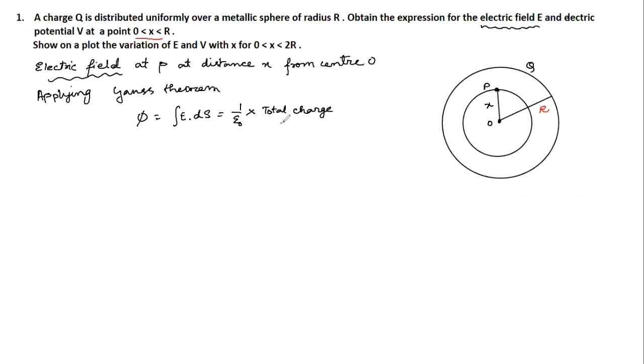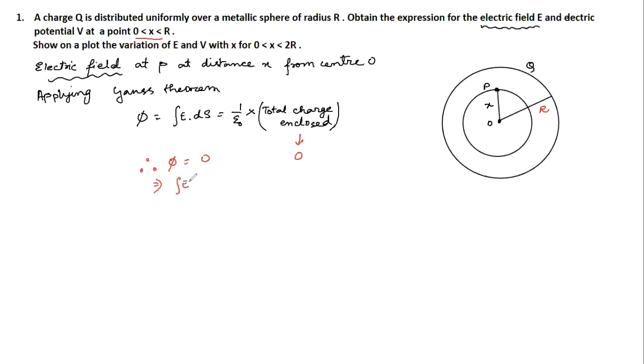But if you see in our diagram, this Gaussian surface does not enclose any charges. All our charge is distributed uniformly over this metallic sphere. Since this Gaussian surface with radius x is not enclosing any charge, the total charge value is going to be 0. Since the total charge is 0, our flux value is going to be 0.